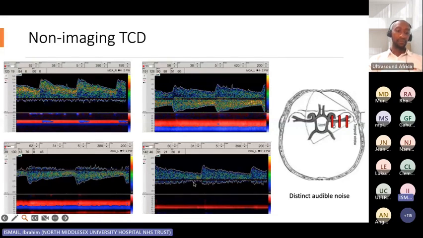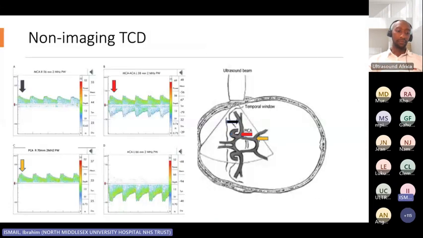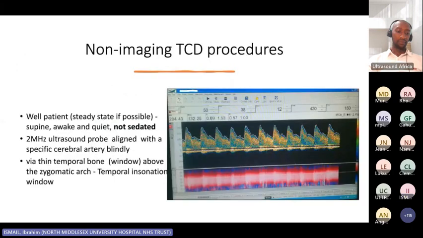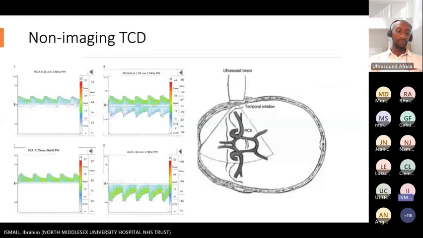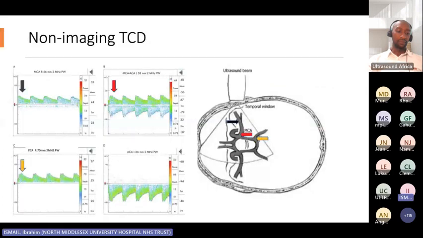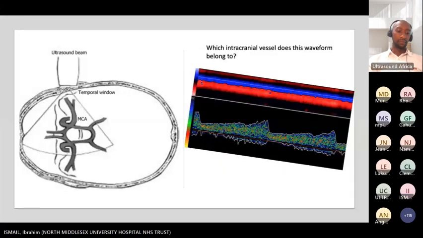So it's not only the waveform that will give you your parameters and understanding of where you are, it's also how you angle your probe, listening to the different waveform sound. Like I said, each waveform has its own distinct noise.